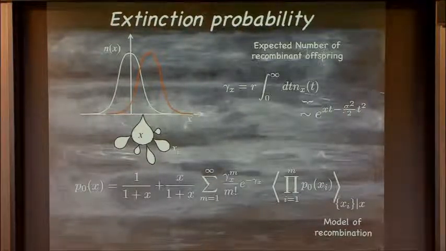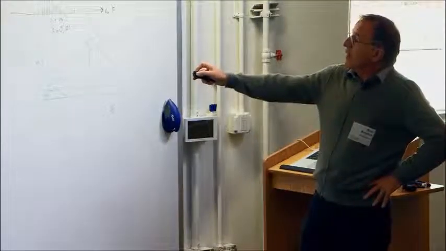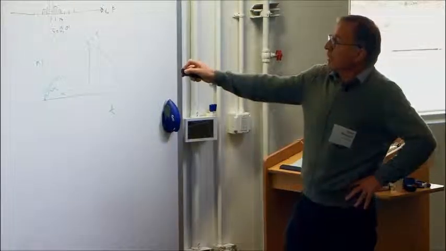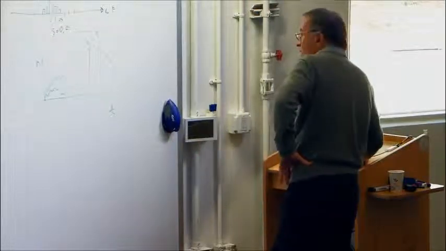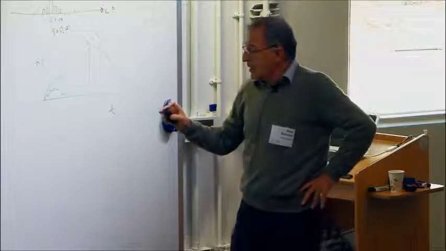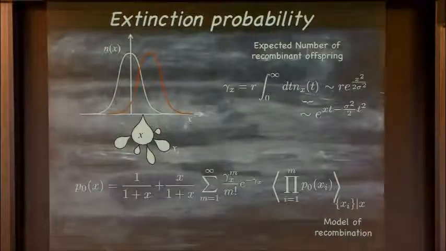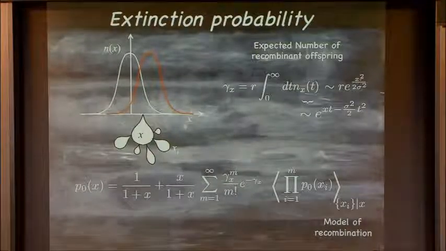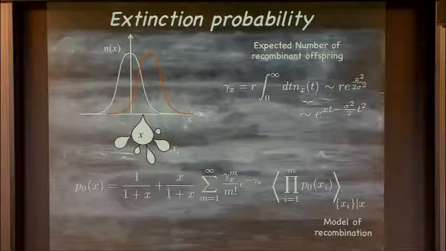But at longer times, when the distribution catches up with it, it collapses. So the size of this clone is very strongly dependent on the background, right? It's e to the x squared, right?